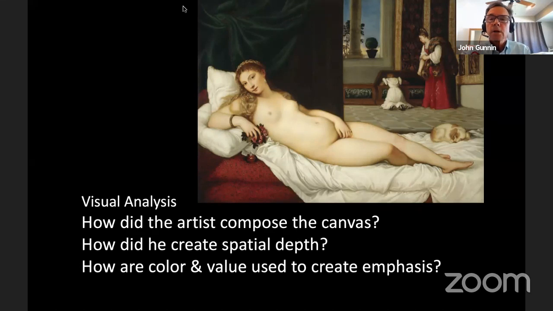Okay, so in the composition of the canvas, you'll notice that there's a foreground, middle ground, and background. And of course, having that window in the back really helps to pull your view back through that space and understand that it's quite a palatial home that they're in.